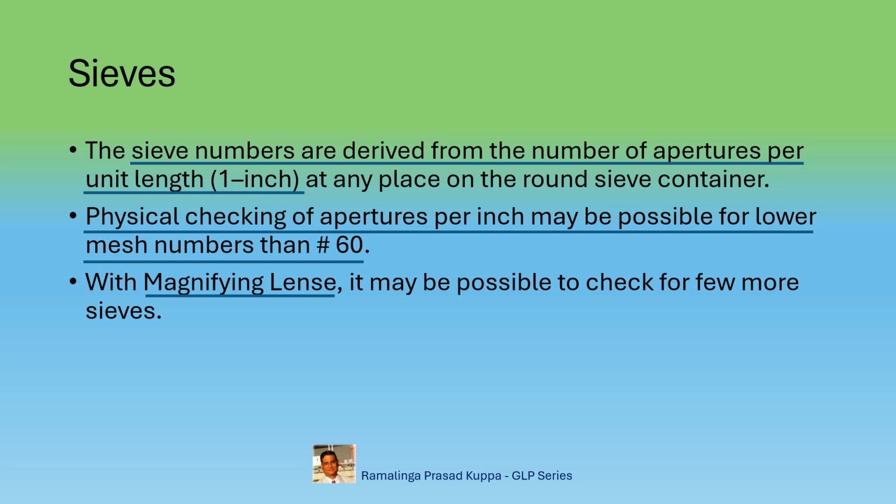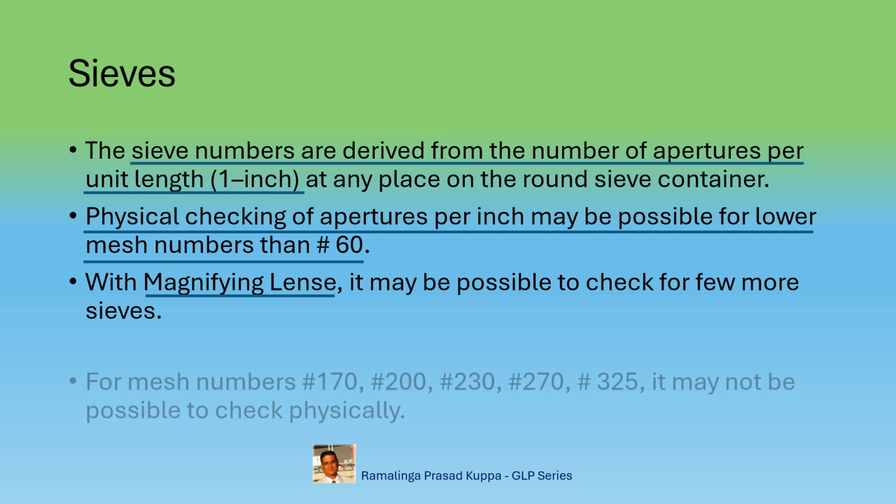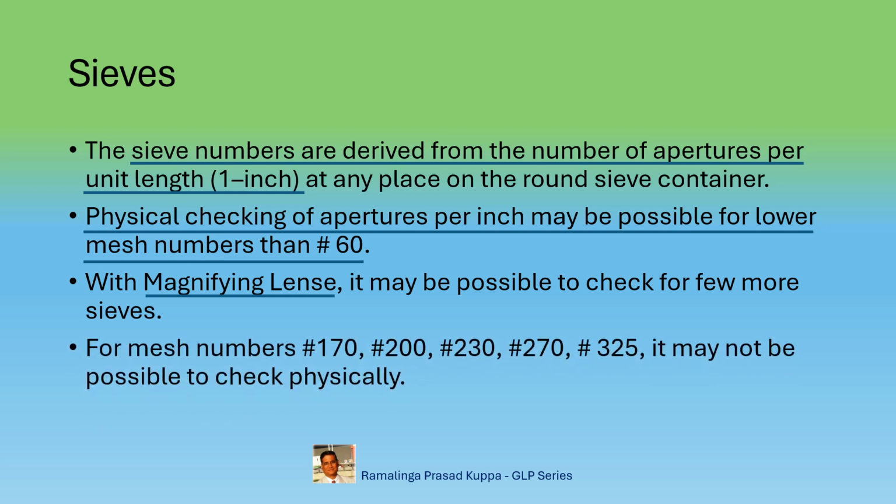For mesh numbers 170, 200, 230, 270, 325, it may not be possible to check physically. For all these sieves, it is practically impossible to count.